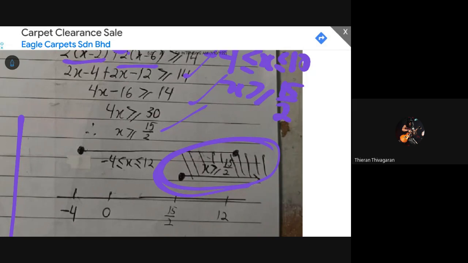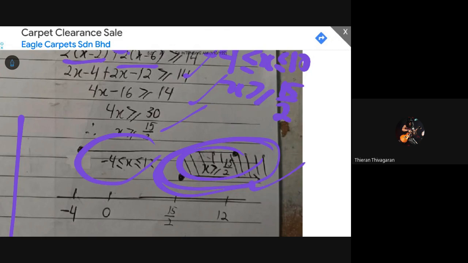Kamu kena gabung dua-dua yang ni tau guys. You need to combine both now based on where the shaded region ini is located. Darwish setengah betul. Halfway correct already. Tapi bukan complete lagi. Others? Kamu dah dapat satu bahagian betul dah, but another part missing. Tak, ada satu lagi bahagian.